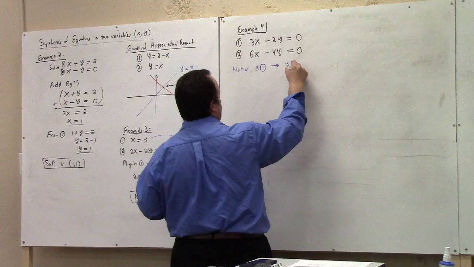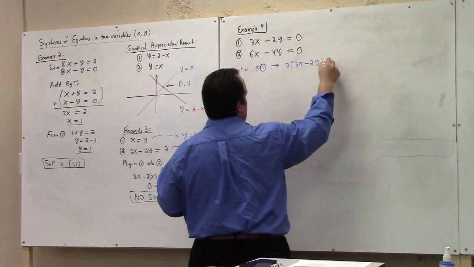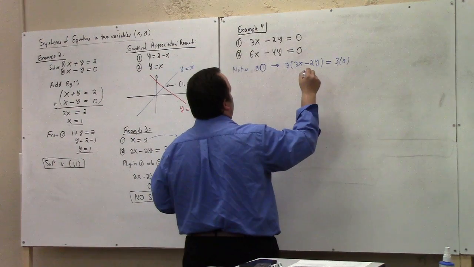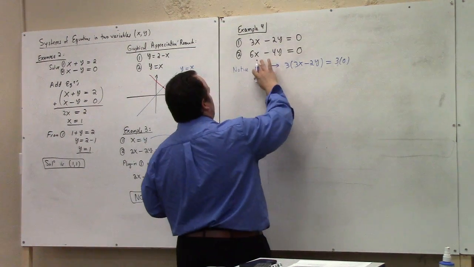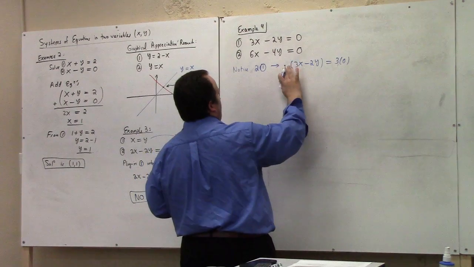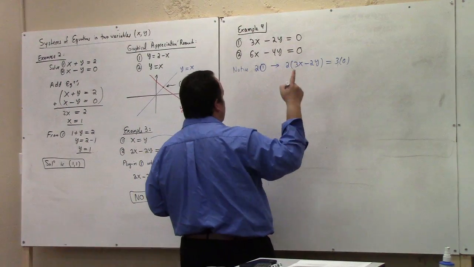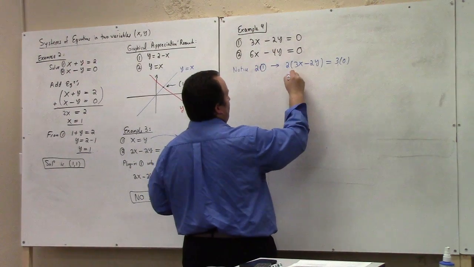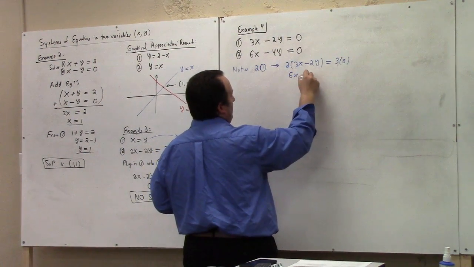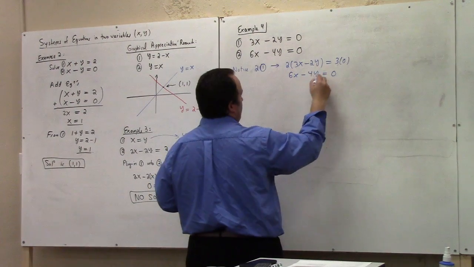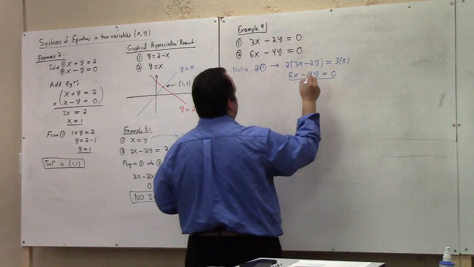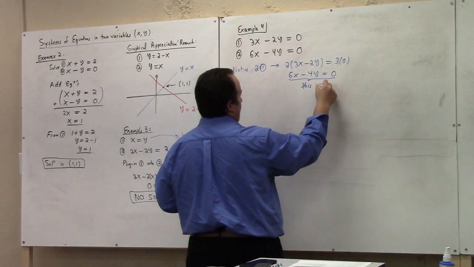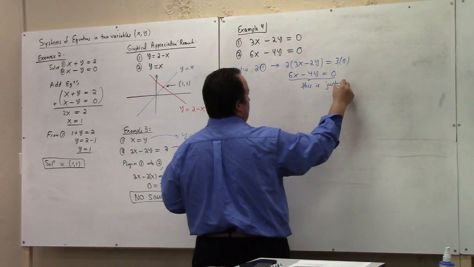So 2 times 3x minus 2y is 2 times 0, which gives me 6x minus 4y equals 0. But what is this? This is just equation 2, right?